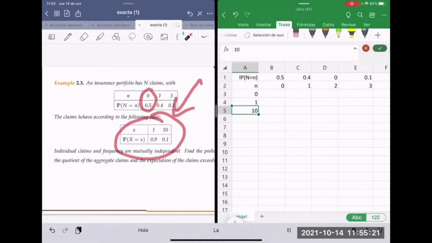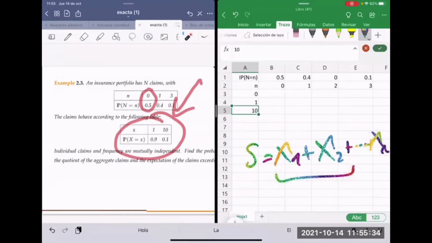That's fantastic, that's great. However, recall that we definitely need to capture the essence of this random variable. And this random variable adds up all of these random variables.